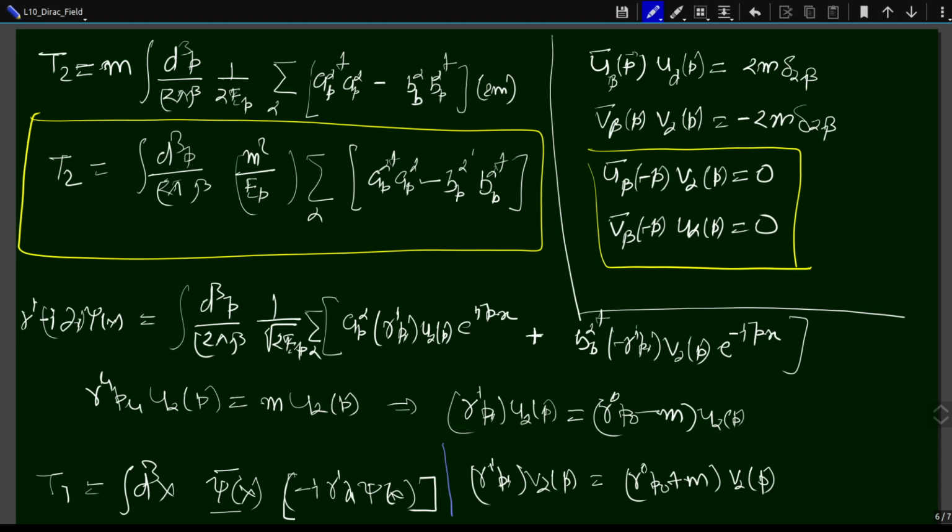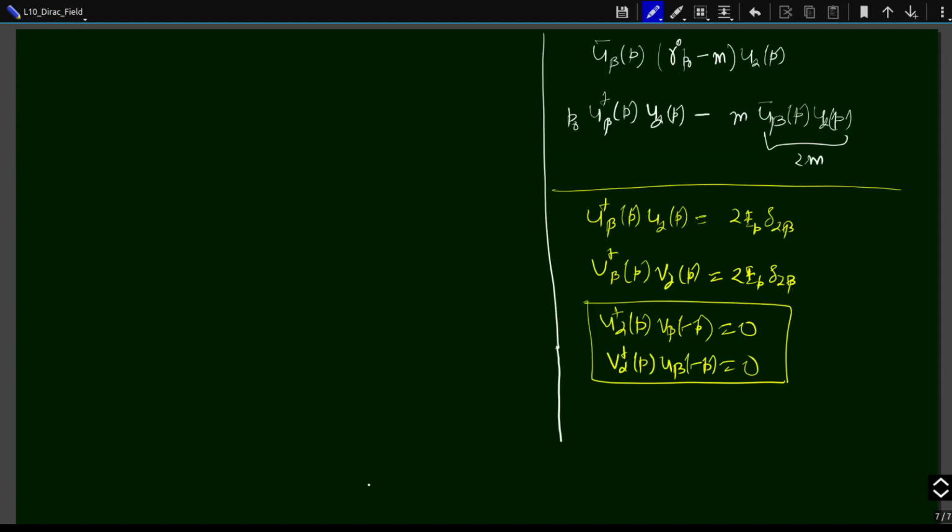So I am only left with the integration of p. So I'm writing my d1 to be d3p by 2 pi cube, 1 by twice ep, and then we have this summation over alpha beta.